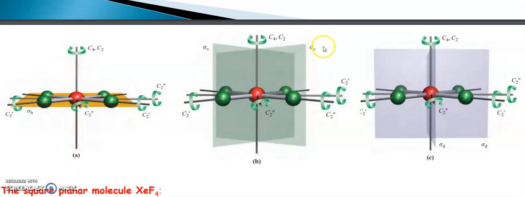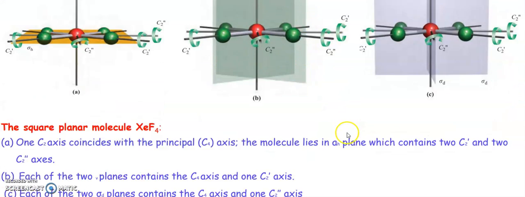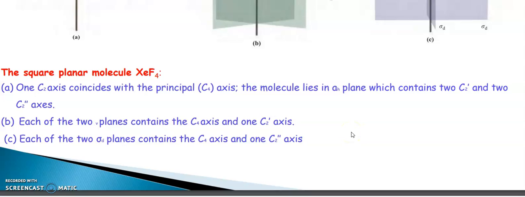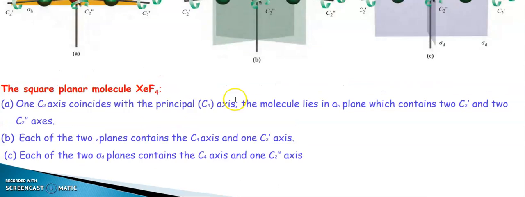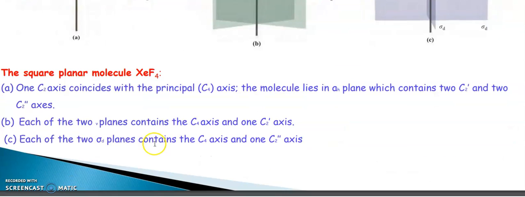If you put in the planes, we have many planes, sigma v, you can see. In the square planar molecule XeF4, one C2 axis coincides with the principal C4 axis. You can see here this C2 axis. The molecule lies in the sigma h horizontal plane, which contains two C2 prime and two C2 double prime axes.